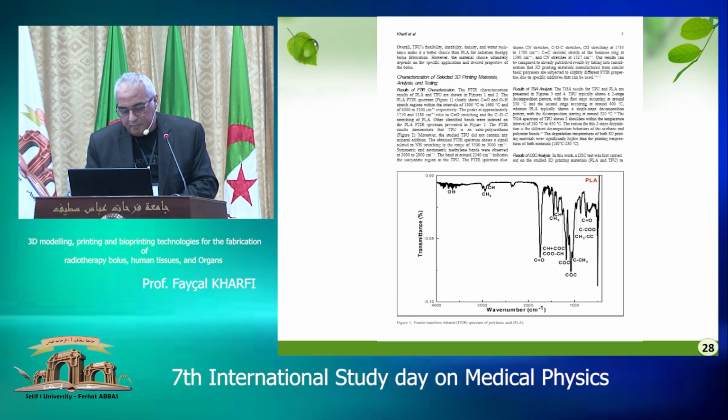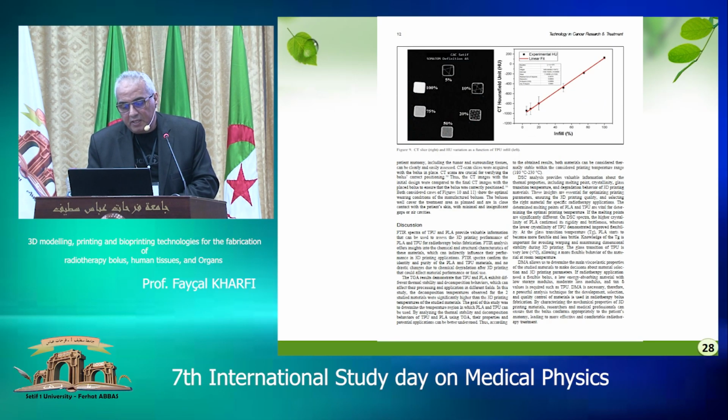This is the dose response when considering 6 MV X-ray and 12 megaelectron-volt electron in both cases. We characterized also the material in terms of enhancement units as a function of the infill. For the fabrication, generally we use 100% infill, but if we need to change, how will the enhancement unit change? We studied this aspect also.